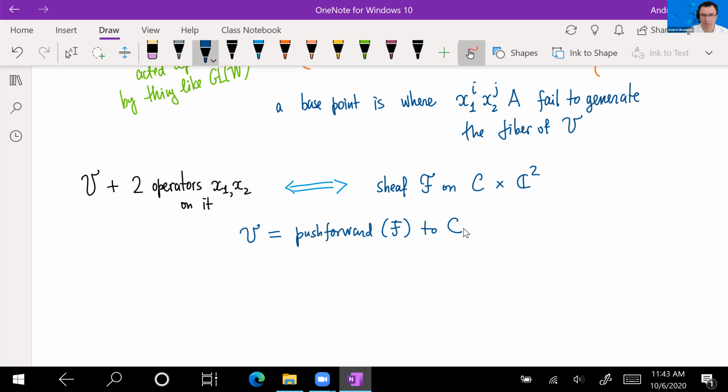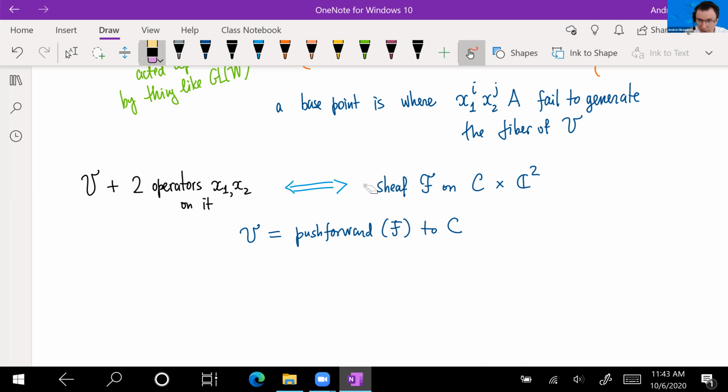If I have a bundle on a threefold and I push it forward to the base, then I get some sheaf on the base. This equivalence requires some extra discussion, which I'm going to do presently.